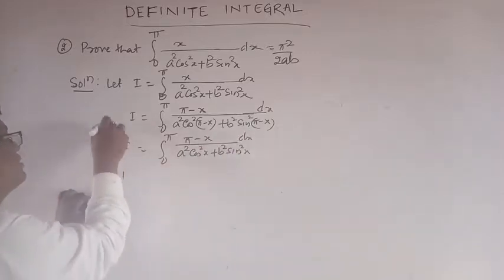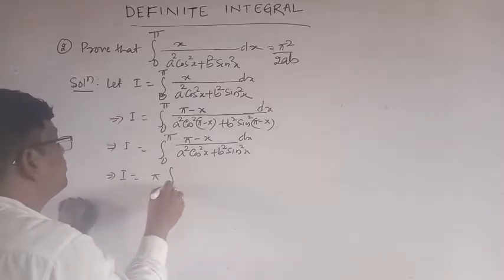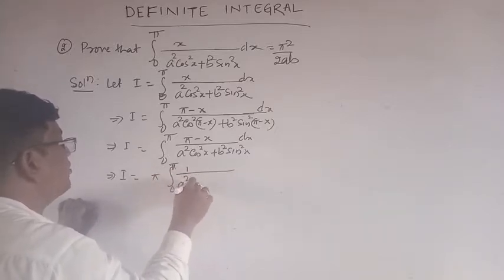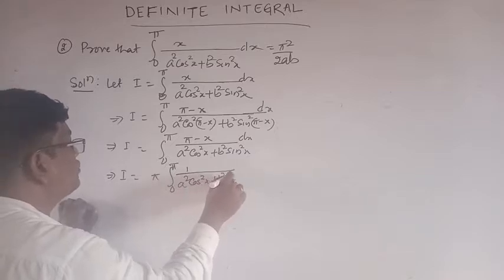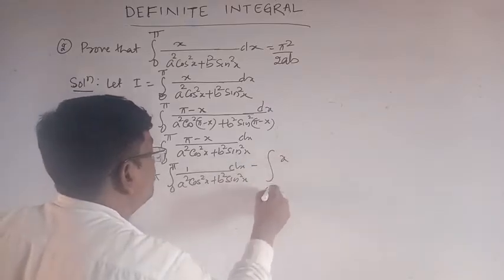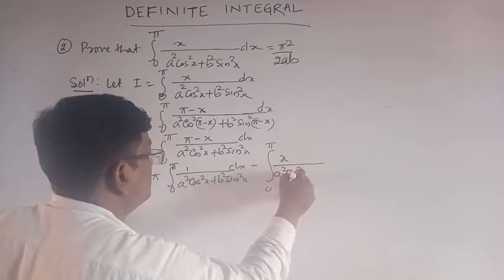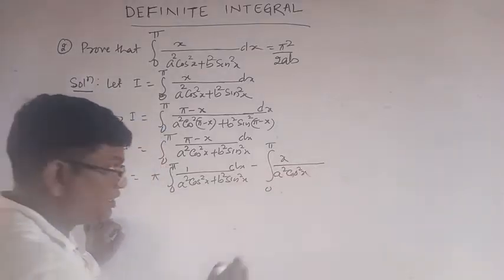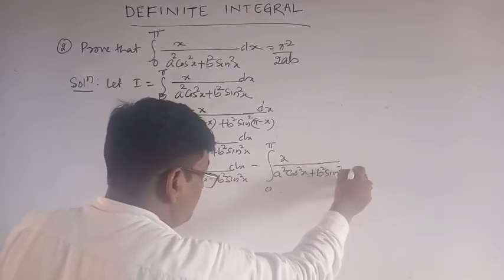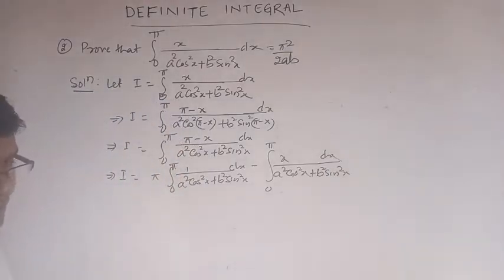So that implies I is equal to pi times the integral from 0 to pi of 1 by (a square cos square x plus b square sin square x) dx minus the integral from 0 to pi of x by (a square cos square x plus b square sin square x) dx.